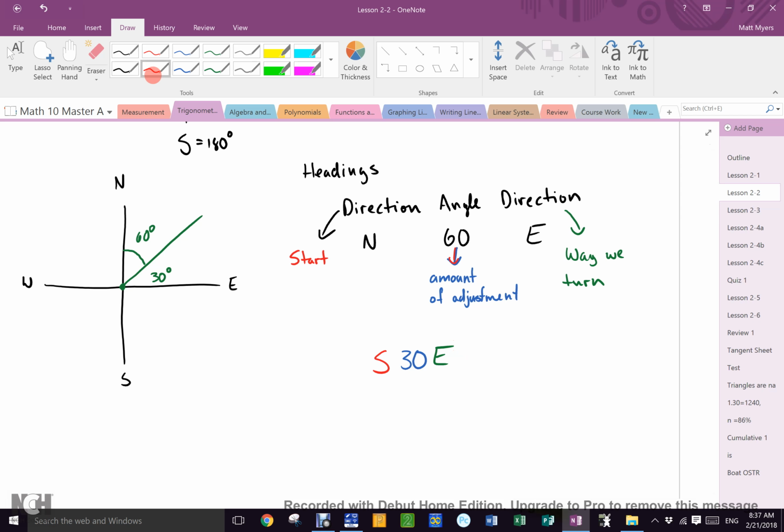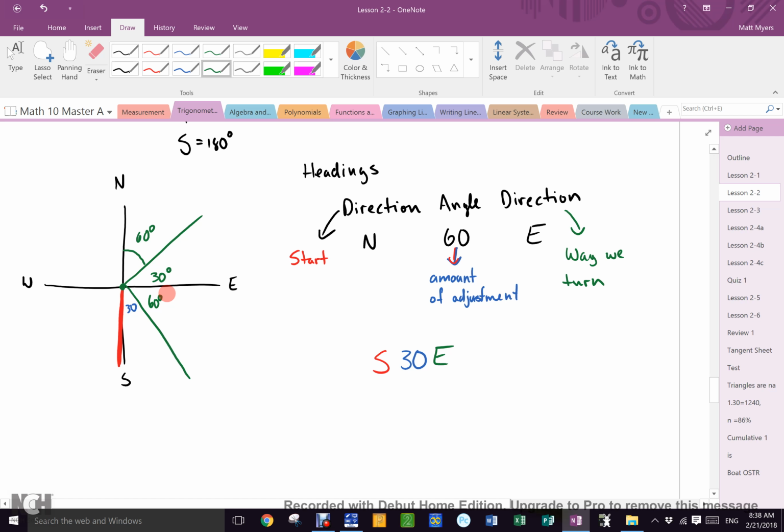What direction do I start in? South. So down here, yes? How far have I adjusted? 30 degrees. Towards which direction? So is that out here to the left or out here to the right? To the right. So I go 30 degrees towards the eastern direction. So this is 30, so what's this in here? 60.